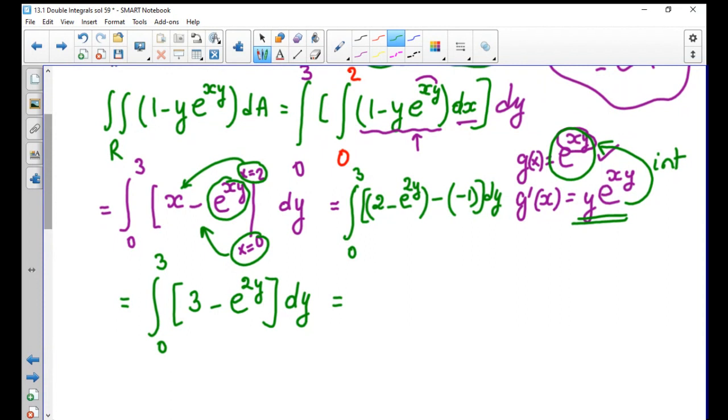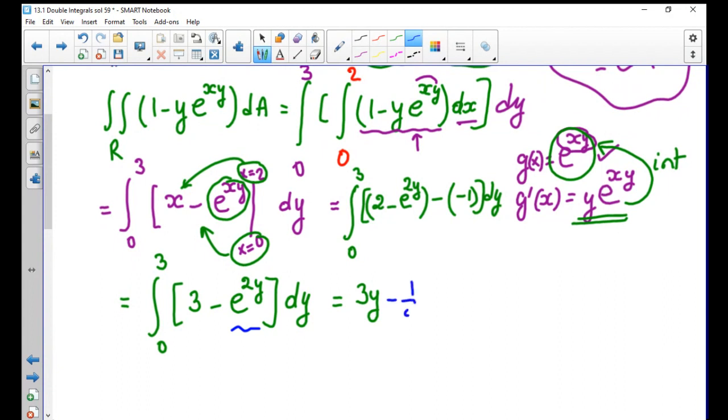Okay, and now we integrate, so it's going to be 3y, and the integral of e to y with respect to y. If you integrate this with respect to y, let me give you a rule here. Yeah, half, exactly.